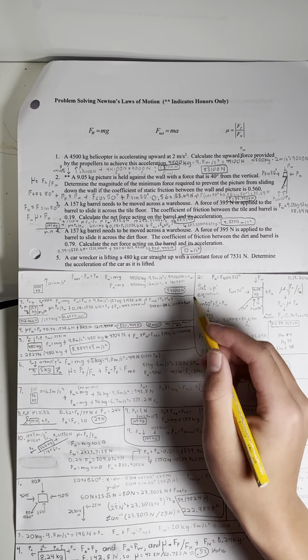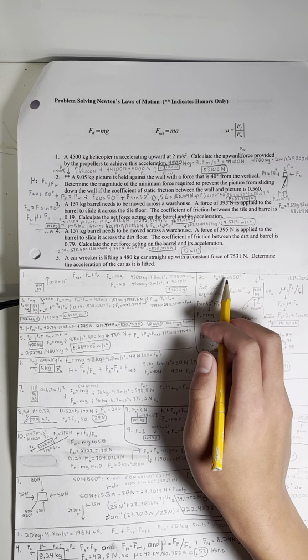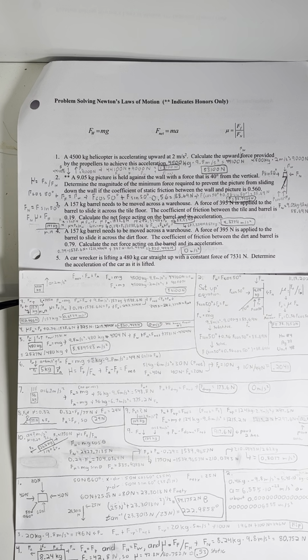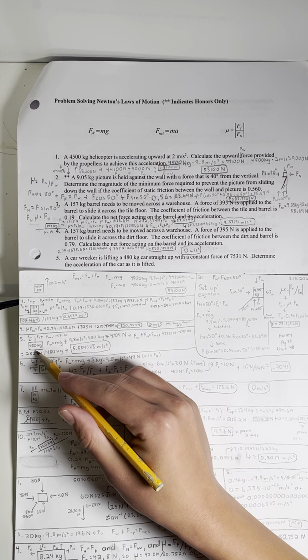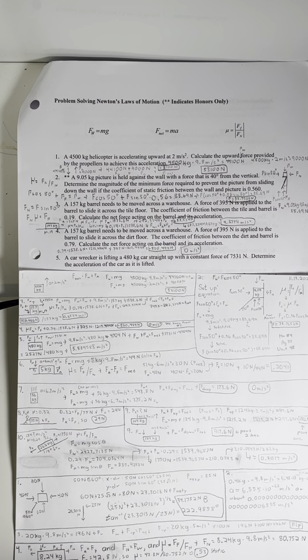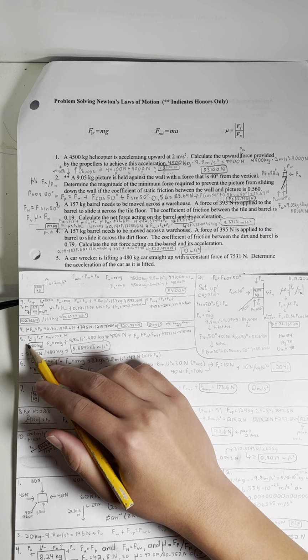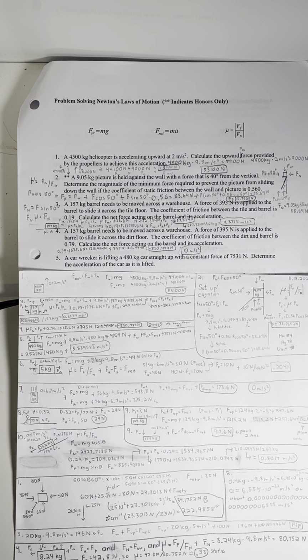Okay, our net force is 7,531 newtons. Keep in mind, this is not just 7,531 newtons of pure pulling up force, because we also have to take into account force weight.